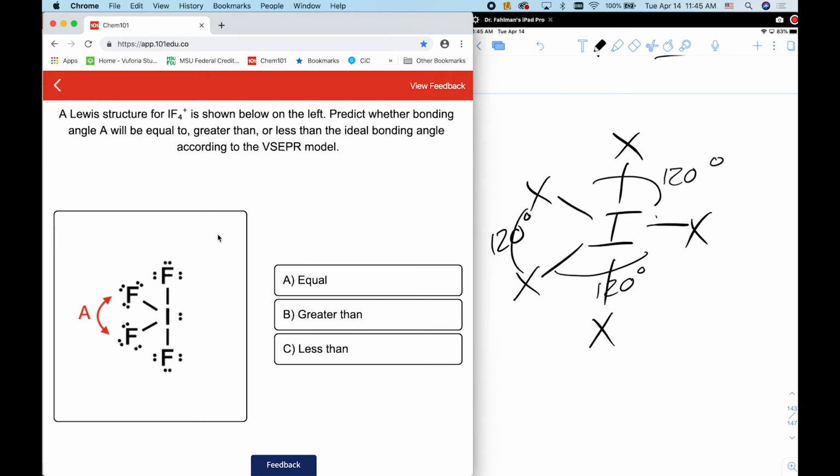But as soon as you replace this with a lone pair, if it's on that same plane, it's going to repel those electrons. And so now it's going to be less than 120. These are going to move in a little bit like that. So it should be C, less than.